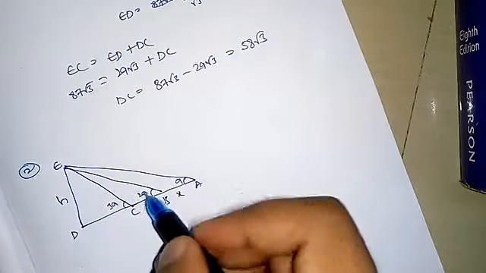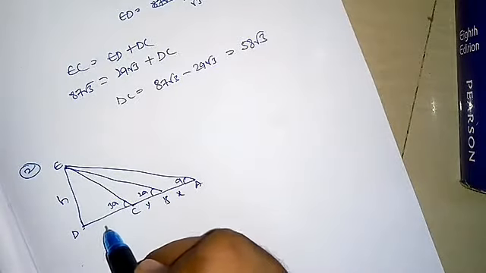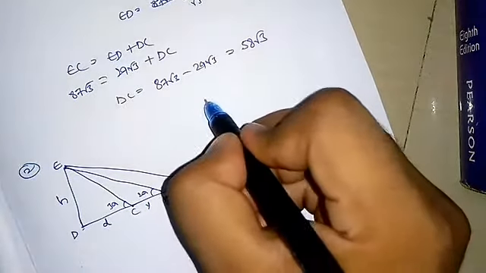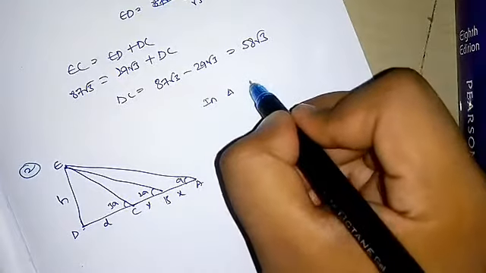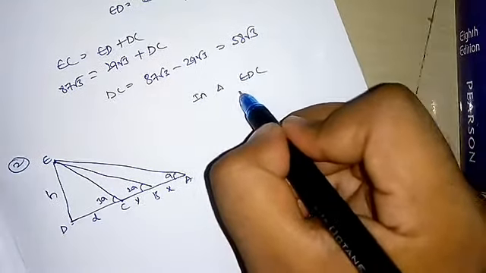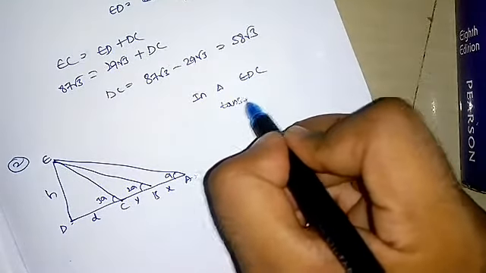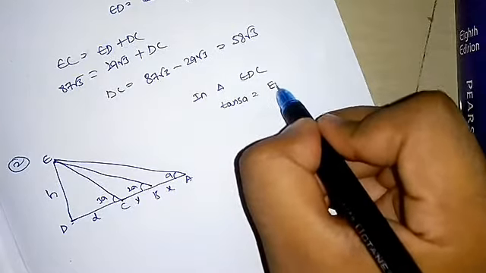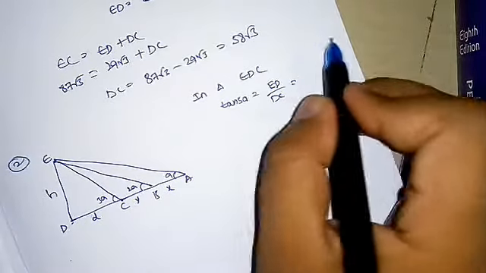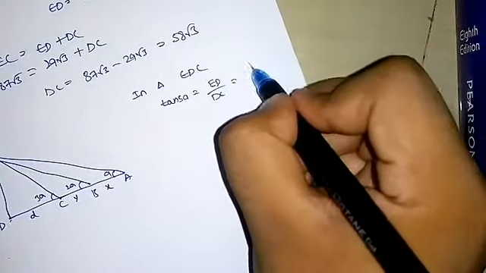Let the height be H and let DC be small d. So in triangle EDC, tan 3A is equal to ED by DC, which is equal to H by d.